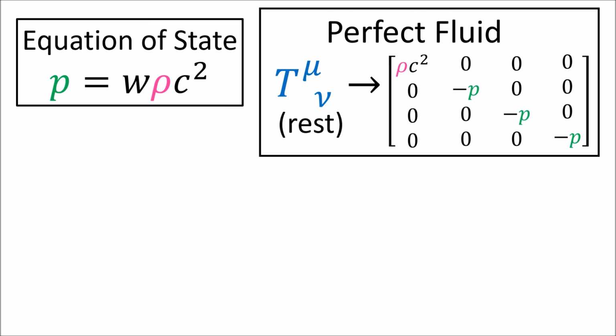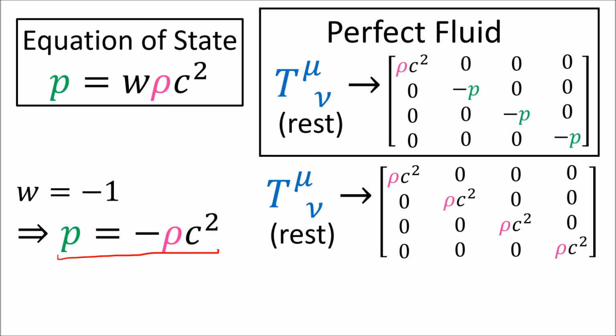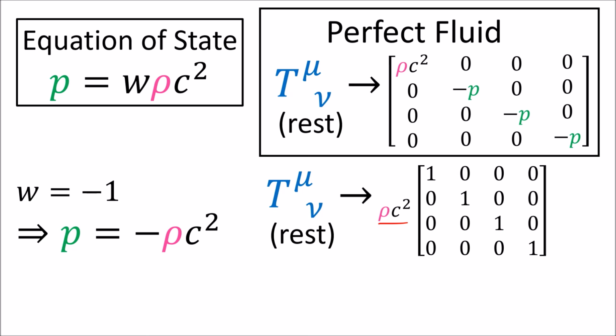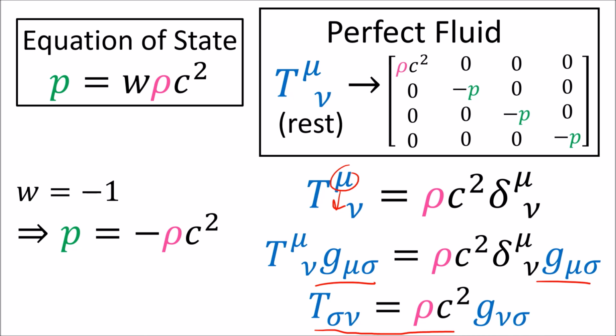One last case to try is setting W to -1. Here, pressure equals negative energy density, so we end up getting an energy momentum tensor with mixed indices that's just the energy density times the identity matrix. And we can lower the indices with a metric tensor and get this.